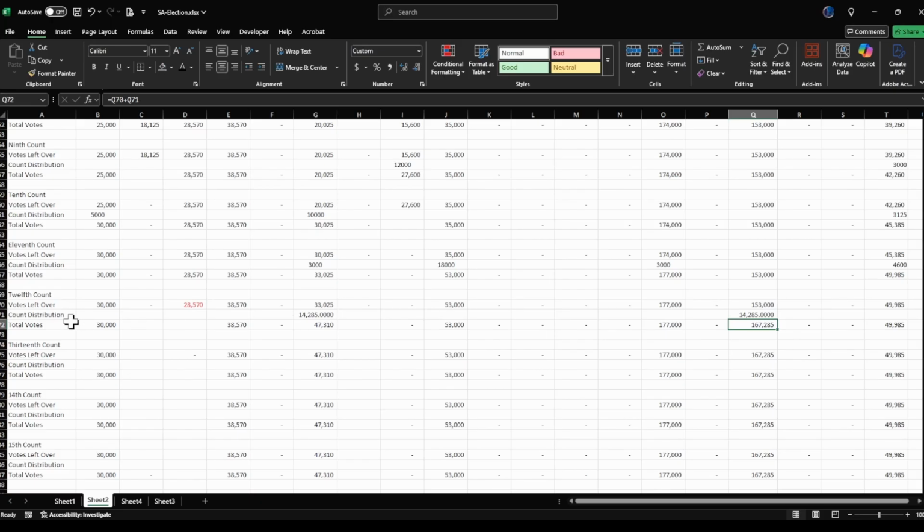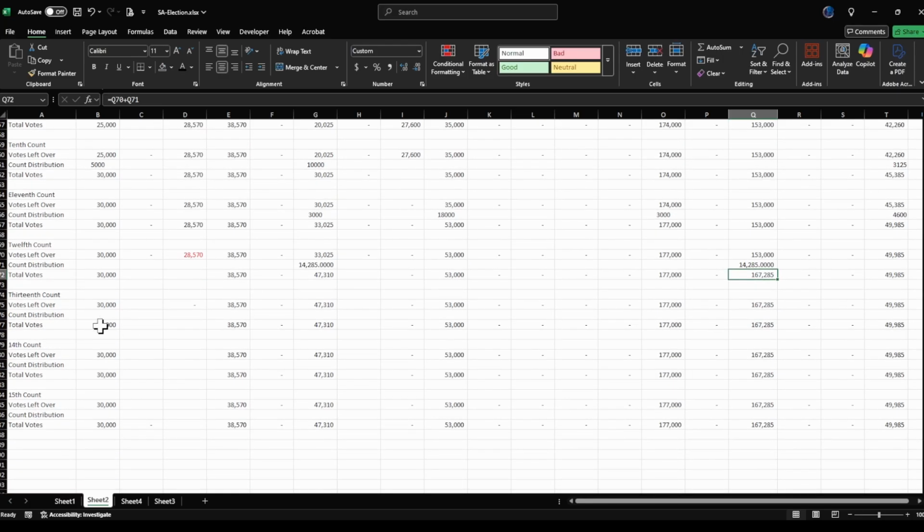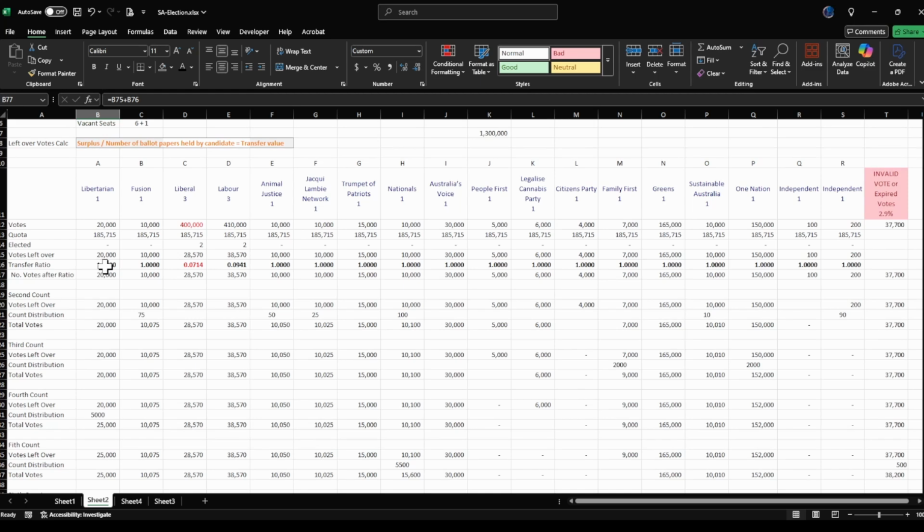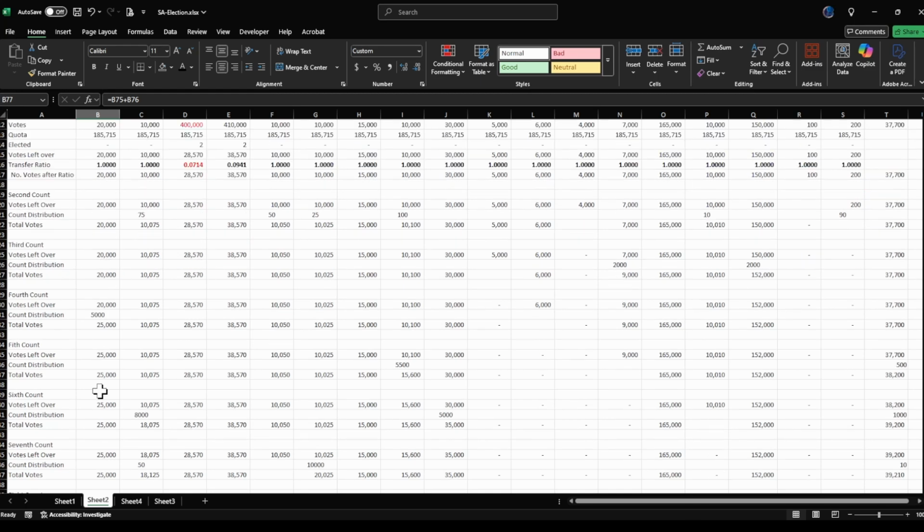So in this situation, what's the next one to go? That would be this one, the 30,000, because that's the lowest votes that there are. Now 30,000, remember the ratio for this one is still 1. It's not one of these, but it's still 1.